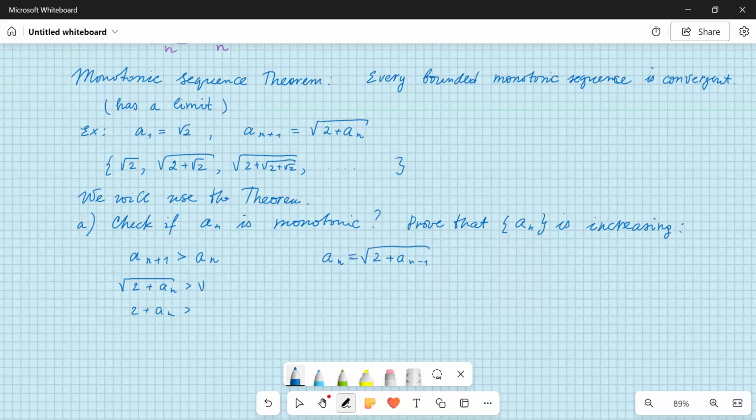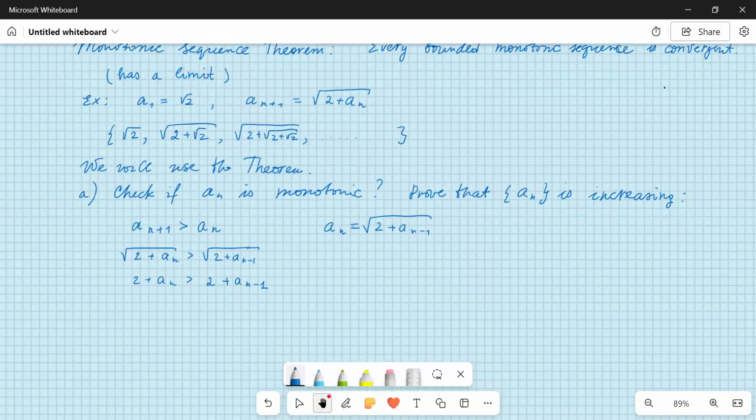I'm going to place the expression 2 plus a_{n-1}. So I'm using the same formula, just here I'm writing down the next term and the previous term because it's also using the previous term. Now I'm going to do squaring and I'm going to get the expression a_{n-1}.